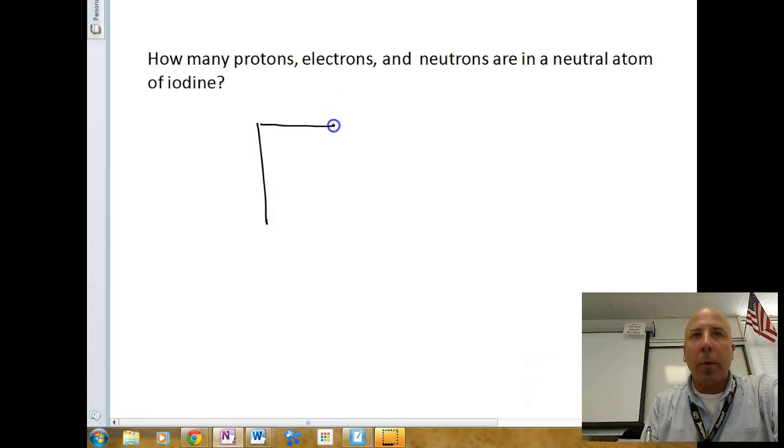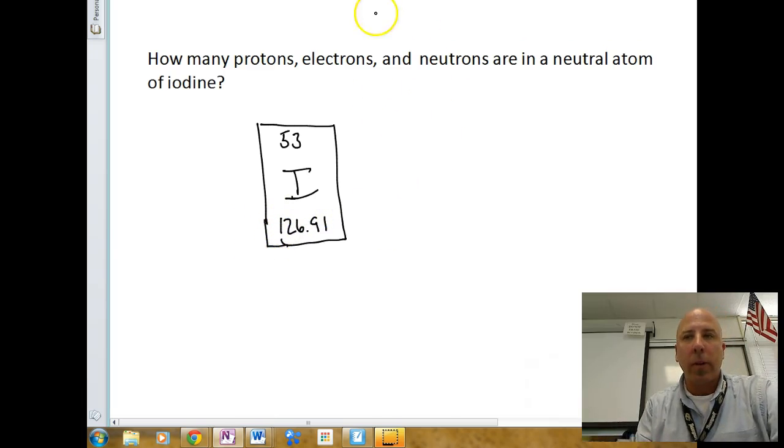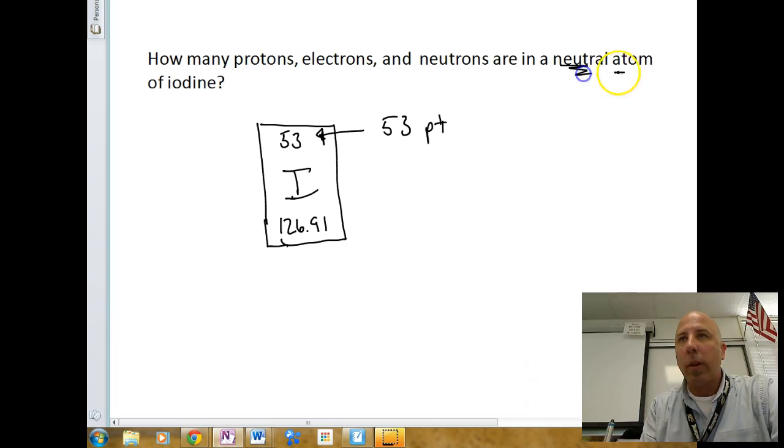If we look up iodine on the periodic table, iodine has the symbol capital I, and it has 53 as its atomic number, and 126.91 is its average atomic mass. The number of protons is equal to the atomic number, so we have 53 protons. Because this is a neutral atom, we're going to have the same number, 53 electrons.